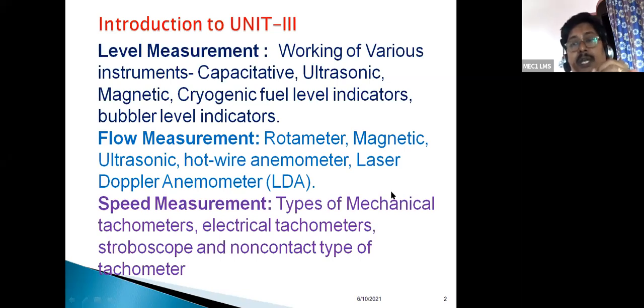That means it measures the height or position in the container or vessel with reference to the datum line or the baseline of that particular container or vessel. So that is called a level. Right? You can get the clear idea.